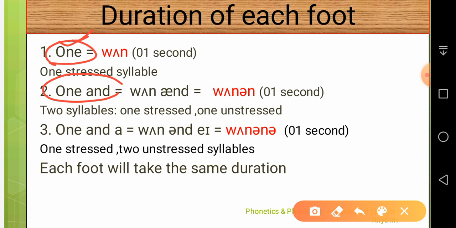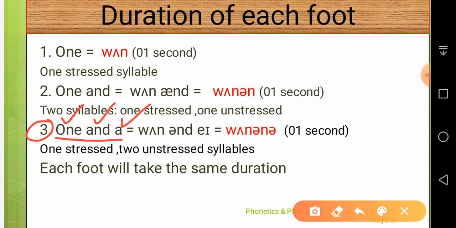Let's add another syllable. So in the third example, we have three syllables. This one is stressed and these two are unstressed, as I have mentioned here. Now here is the phonetic transcription, one and a. But native speakers won't speak it like this.